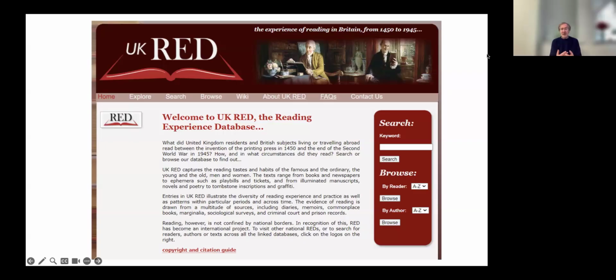It starts by saying, let's build a spine of names of people who we know owned stuff, had libraries. There are books of theirs out there that we might want to know more about. And let's build around that. And that rationale of Book Owners Online is what is distinctive and special about it, I think.